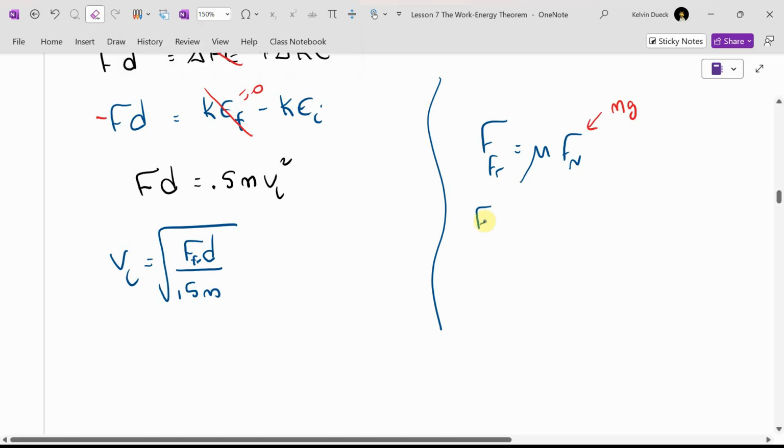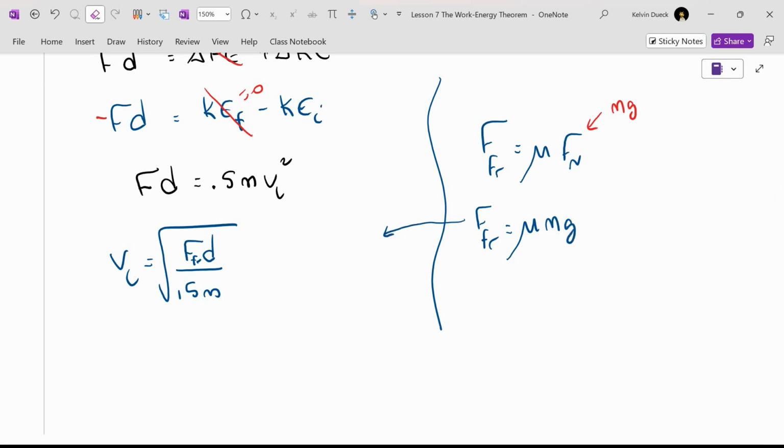So friction is going to be mu mg. I could crunch that, but notice what happens when I walk over here. If I put it in, I get mu mg, there's the d, divided by 0.5 m.